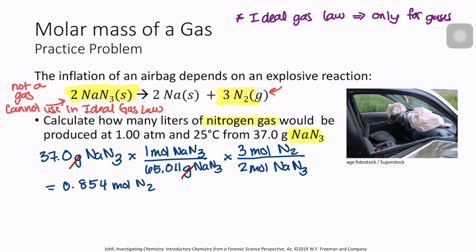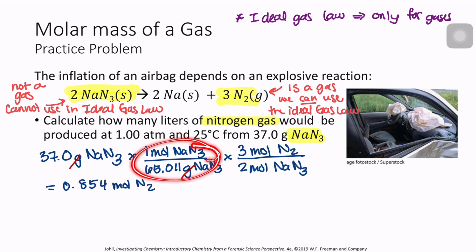Now, nitrogen is a gas, so we can use the ideal gas law if we're dealing with moles of nitrogen. So I cannot stop at moles of sodium azide and plug it into PV equals nRT, because that's not a gas.